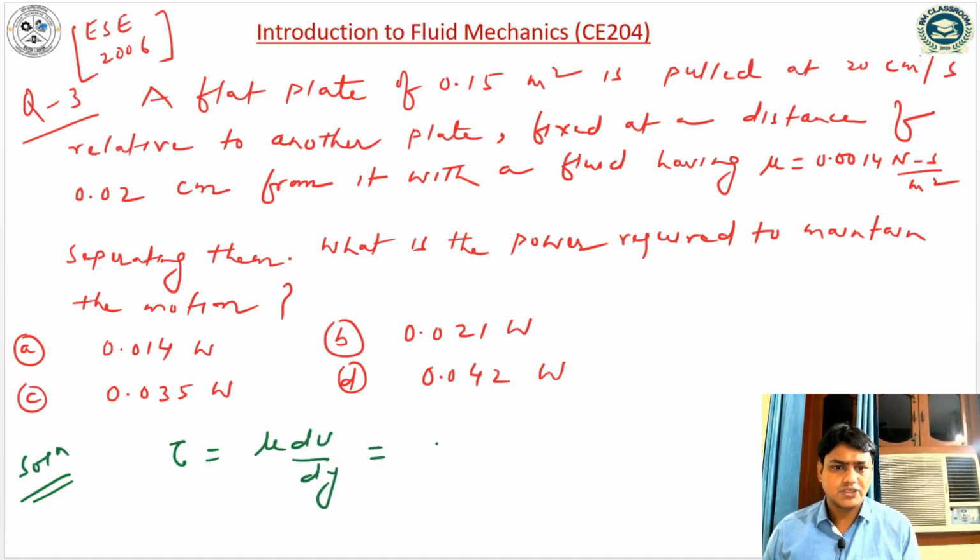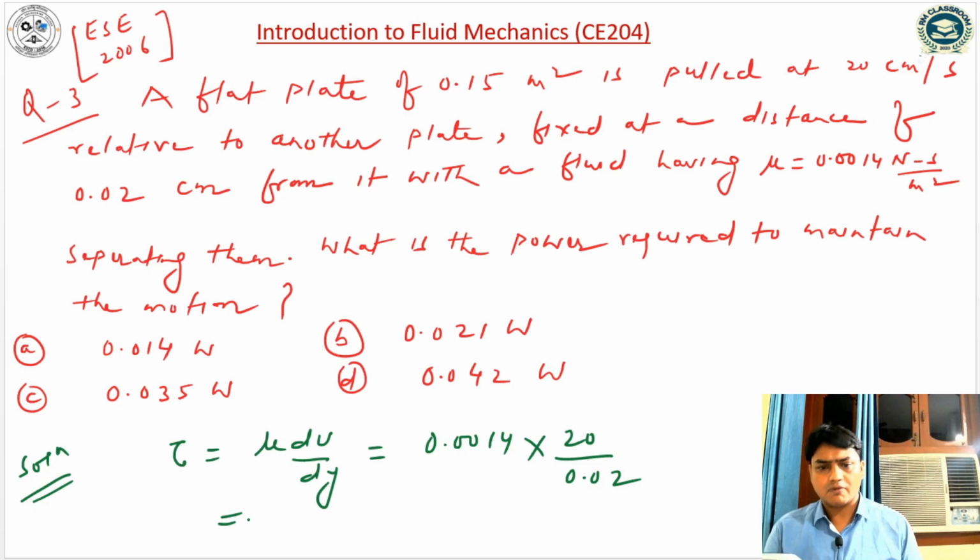So it will be mu is 0.0014 into du by dy. So 20 divided by 0.02. So the shear stress will be 0.0014 into 20 divided by 0.02.